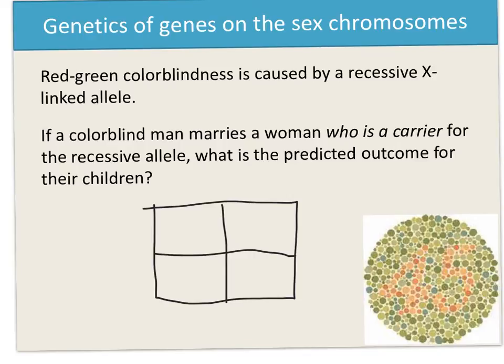He's got an X with the colorblind allele, and he's just got a Y. Okay? And then the woman is a carrier, so she has one X that's colorblind, and one X that's normal.